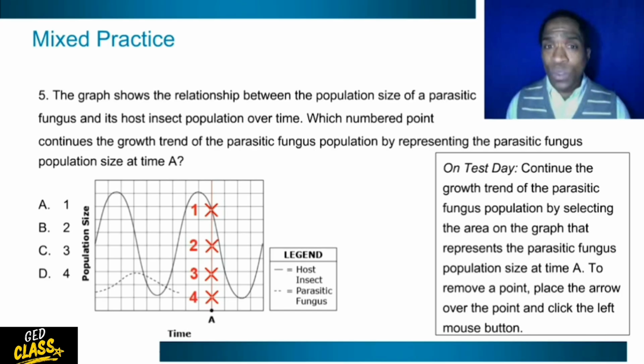Also, since the host insect line continues throughout the entire graph, take a look at the full trend of that host insect line to figure out where the fungus line should be at time A. All right, so you have your marching orders, pause the video, work through that, and then we'll find out what it is together.